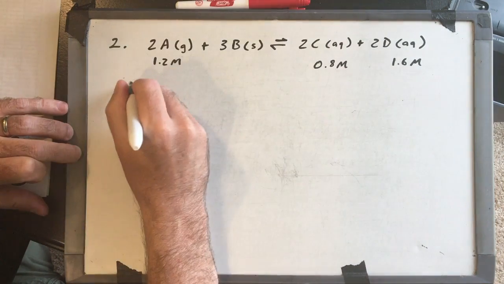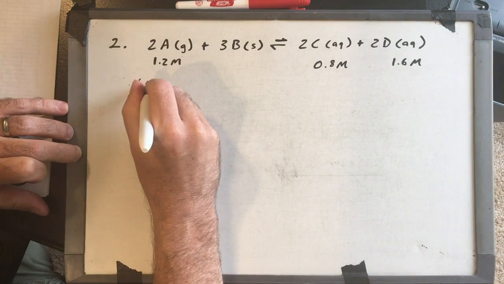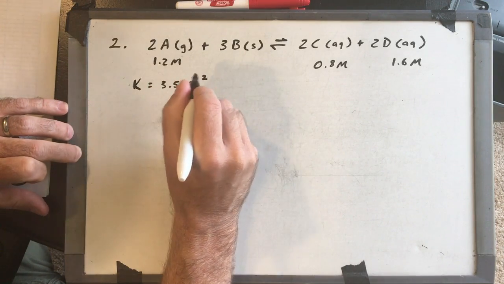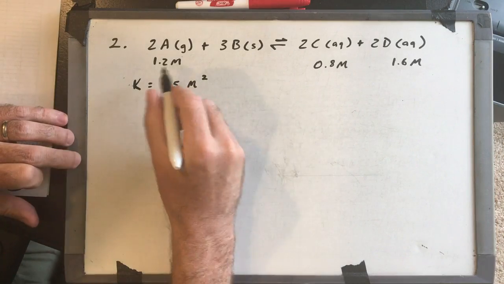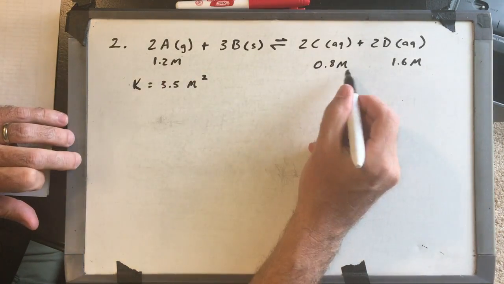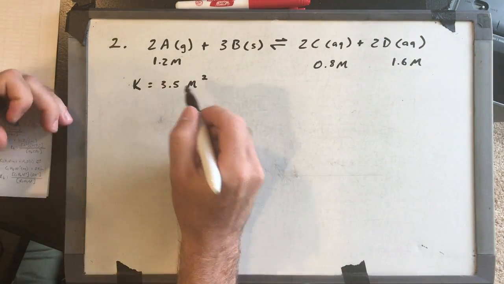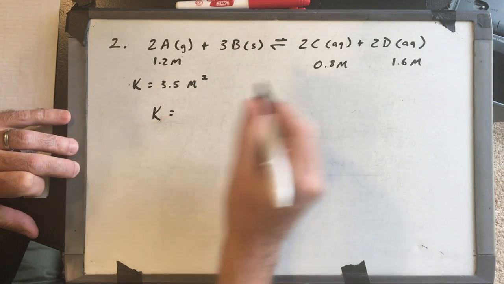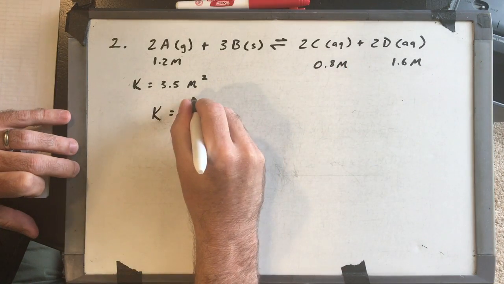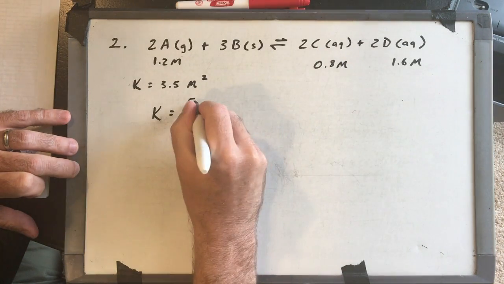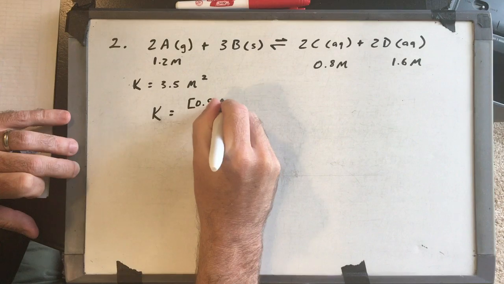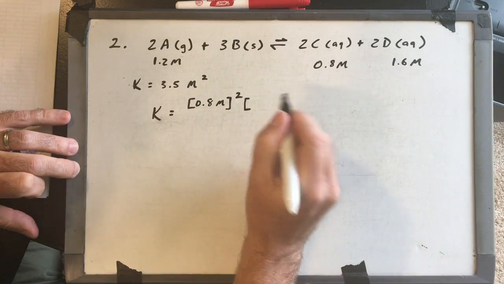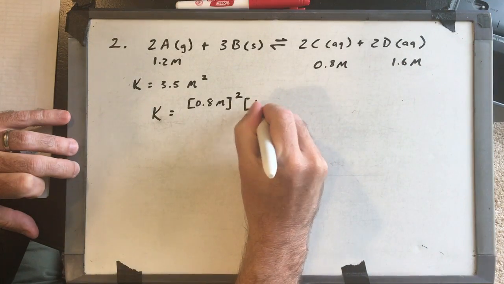It says that the equilibrium constant is equal to 3.5 molar squared. So is the reaction at equilibrium? So we just need to calculate K with these concentrations and see if it's equal to 3.5. All right, so K for this reaction is going to be the concentration of C, 0.8, squared because of the 2, times the concentration of D, 1.6.